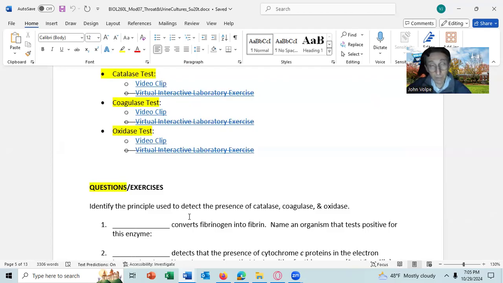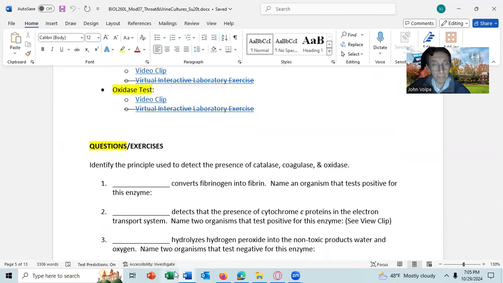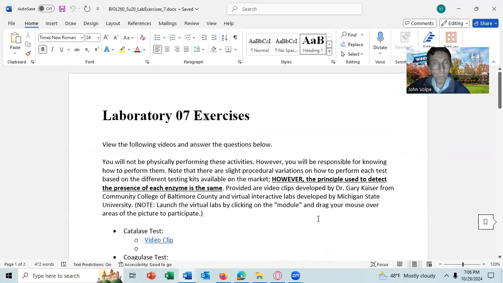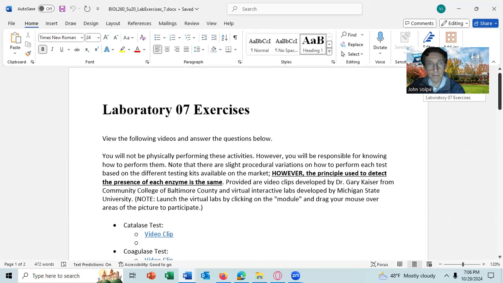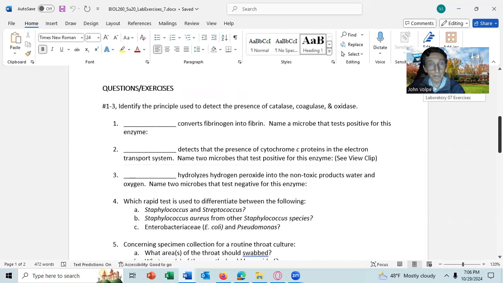If everybody were to submit the lab module, my web page could fill up and then no one would be able to submit a further assignment. All right, let me go to the worksheet and then I'll talk about the exercises for Lab 7.